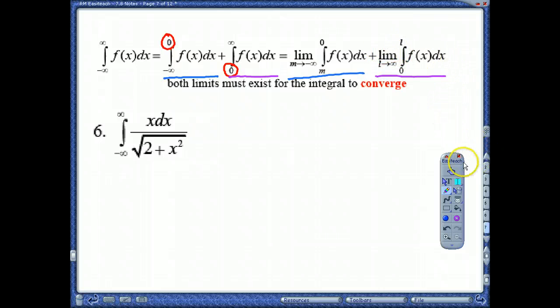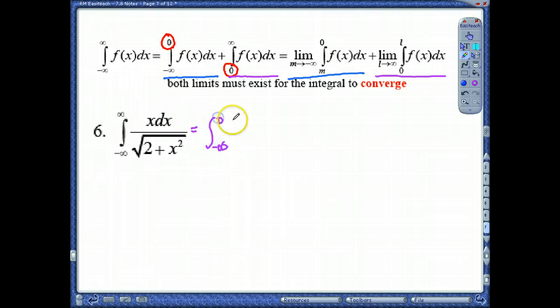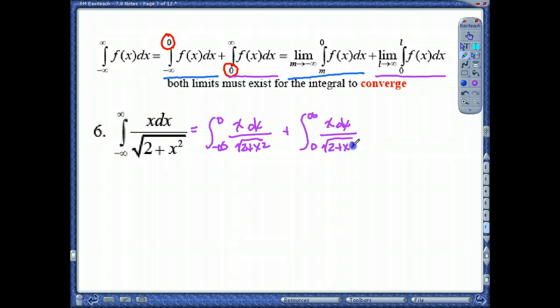All right, so we're probably going to need 2 slides for this. Here we go. We're going to split it up, going negative infinity to 0, and then from 0 to positive infinity. And I'll use M and P, so we're not using our L there.